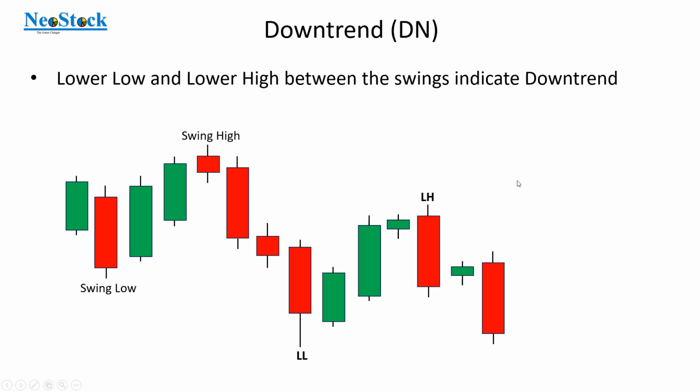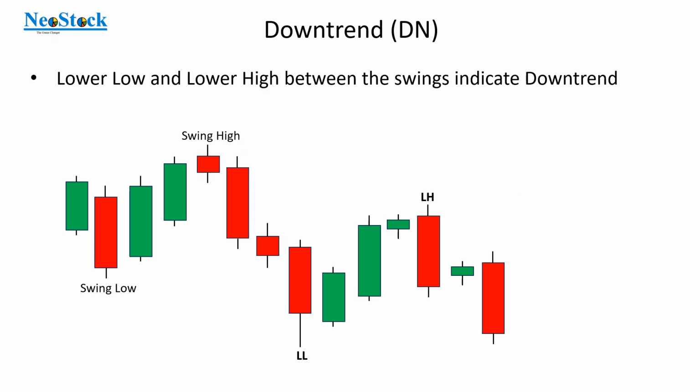So in downtrend, if LL and LH are maintained, that means lower lows and lower highs are maintained in the downtrend. You will keep observing lower lows and lower highs between the swings. Between the swings, that point is important.